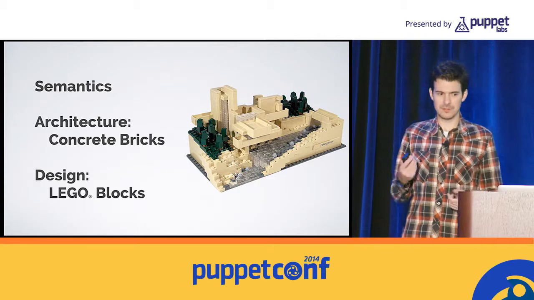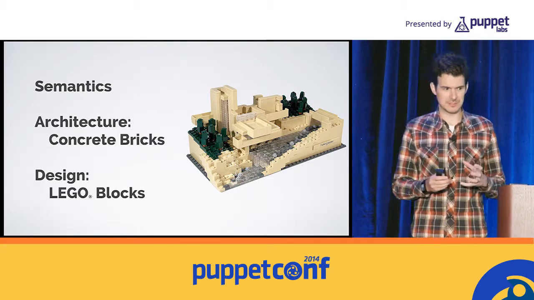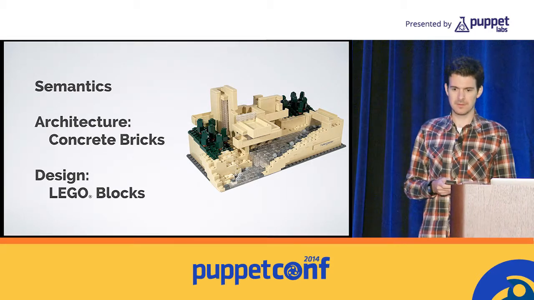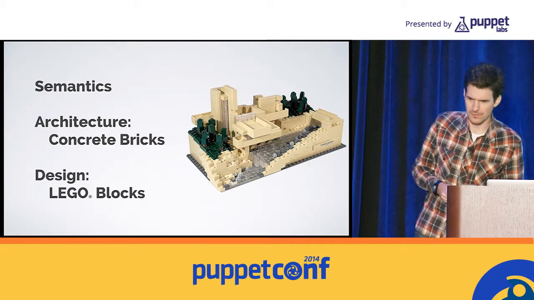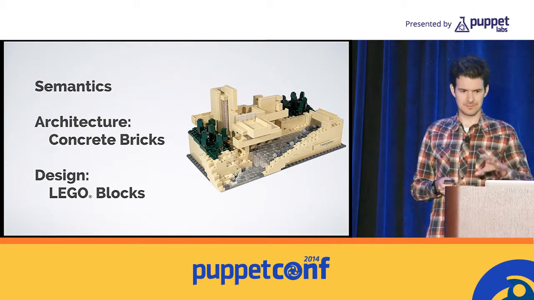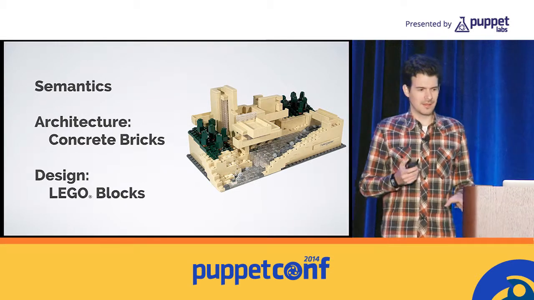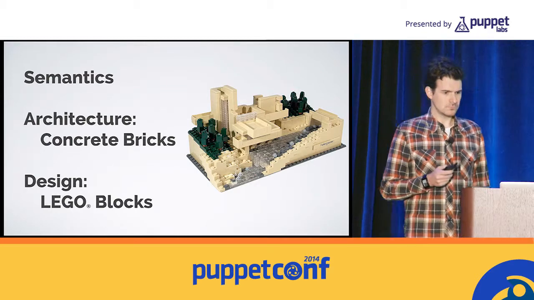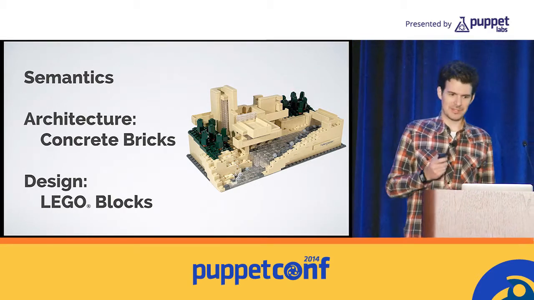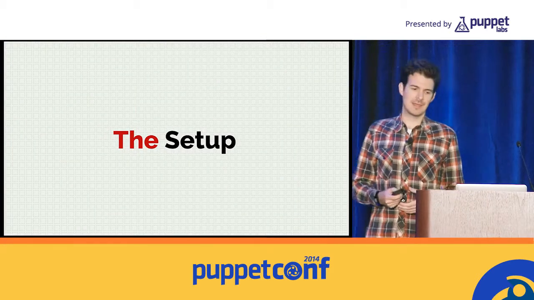To continue with the semantic difference, architecture is like the concrete bricks, whereas design is like the replaceable modular Lego blocks. If you can't see in the photo, this is Frank Lloyd Wright's Fallingwater as a Lego toy, and it's the same as the original picture. All right, now that you're all experts on the differences between architecture and design and Hiera, I'll start talking about the scenario.